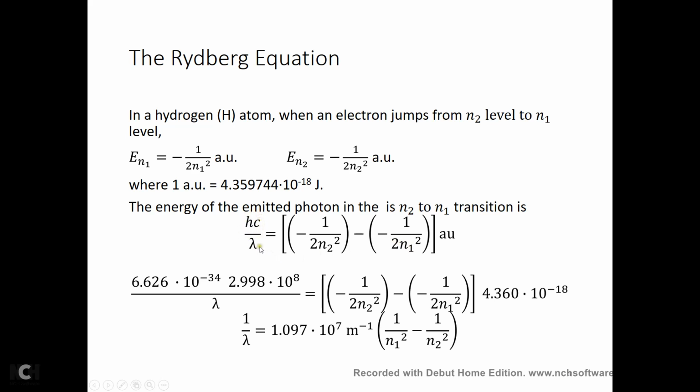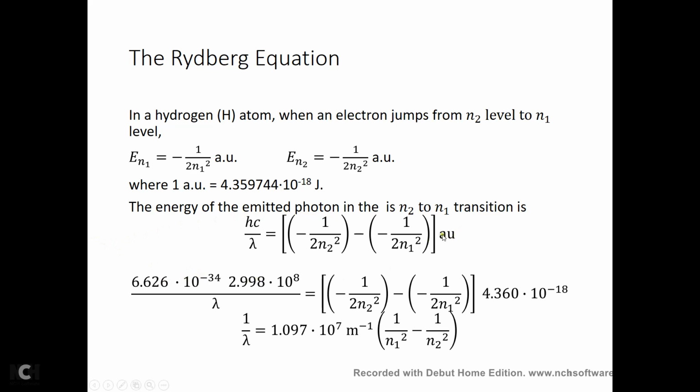And then we can calculate the wave number of the photon, which is 1 over lambda. The reciprocal of the wave number is the wavelength. The physical meaning of the wave number is the number of waves within 1 unit of length. So let's see. We're plugging in h, the Planck constant, c, the speed of light.